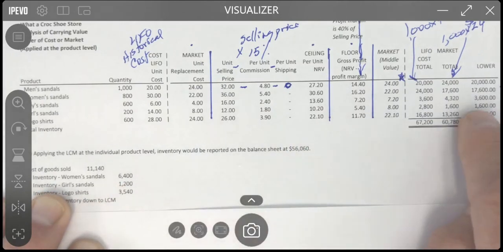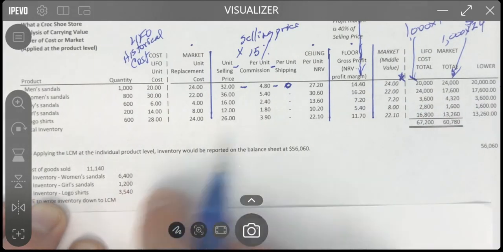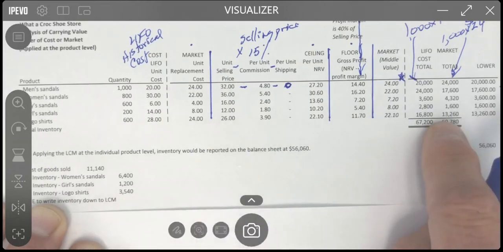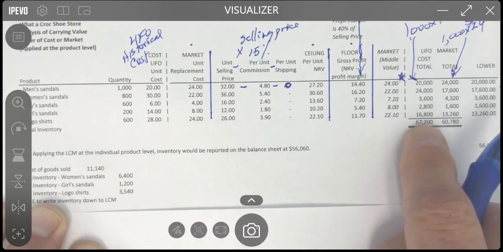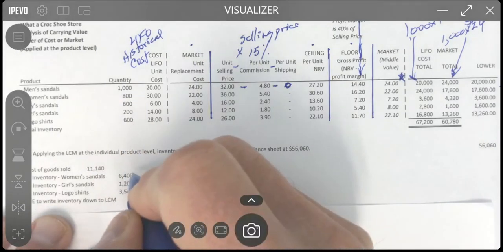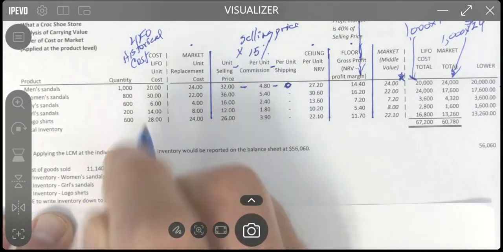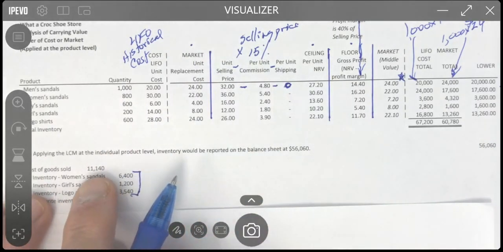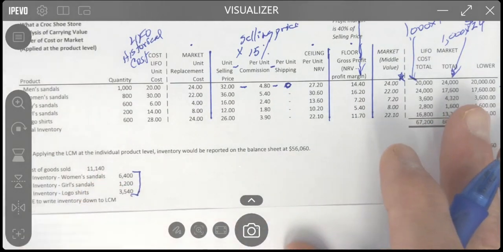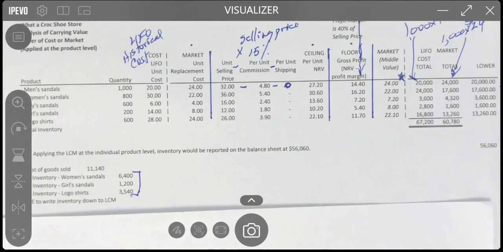We wrote down the girls' sandals by $1,200, and we wrote down the logo shirts by $3,540. The difference between $16,800 and $13,260. And then the sum of these is the total write down in the income statement of $11,140. All right. Again, lots of calculations there.